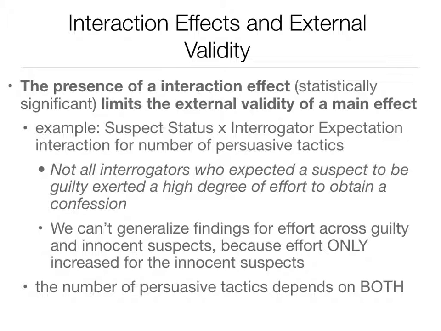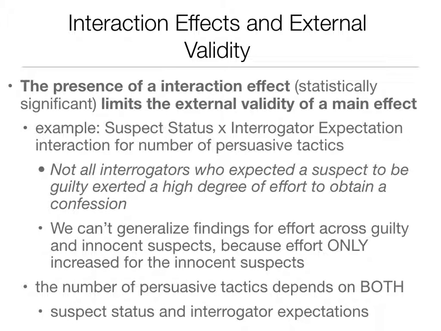The effort depends both on suspect status and interrogator expectations. Because it depends on both of these, we can't make blanket statements about one or the other, okay? So when we have a statistically significant interaction, or a likely interaction, that really affects the external validity we have for these main effects, okay?